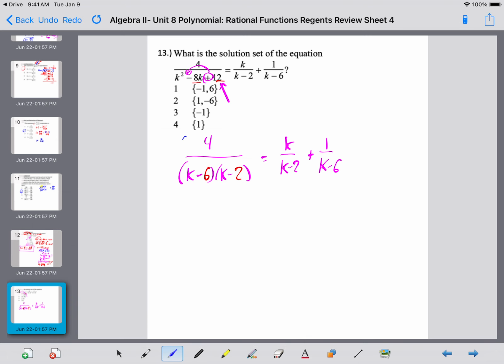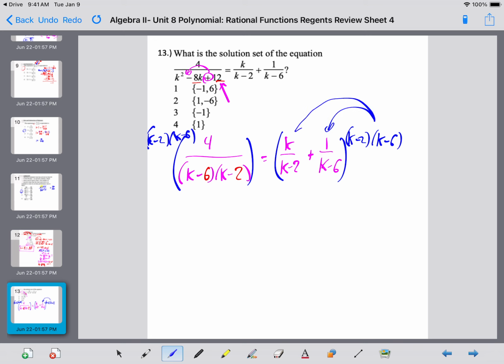You want to multiply both sides by every denominator. Okay? We're going to distribute that out. So, on the left-hand side, both would cancel out, so you'd be left with 4. On this term here, k minus 2 would cancel out, so you'd be left with k times k minus 6. On this term here, k minus 6 would cancel out, and you'd be left with 1 and k minus 2.